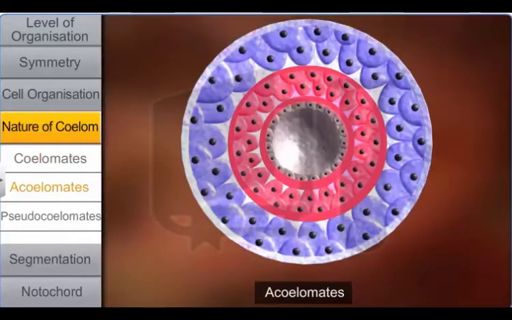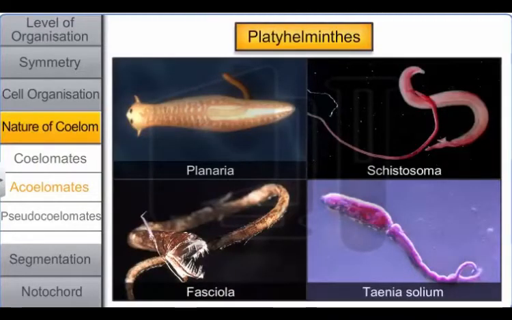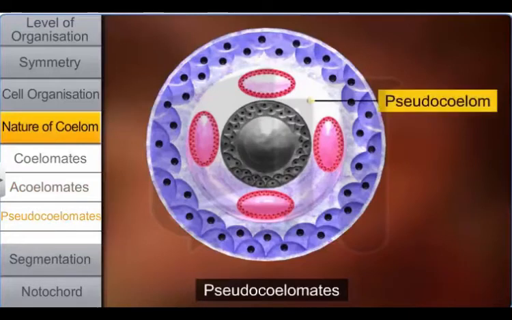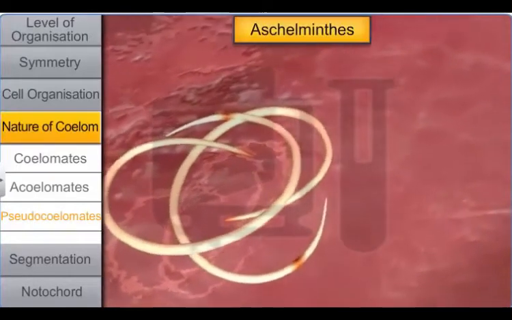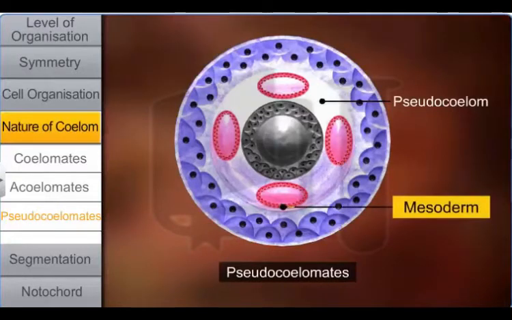Acoelomates are animals in which the body cavity is absent, such as Platyhelminthes. Pseudocoelomates are animals that possess a pseudocoelom, such as aschelminthes. A pseudocoelom is a body cavity in which the mesoderm is not lined, but rather scattered between the ectoderm and the endoderm.